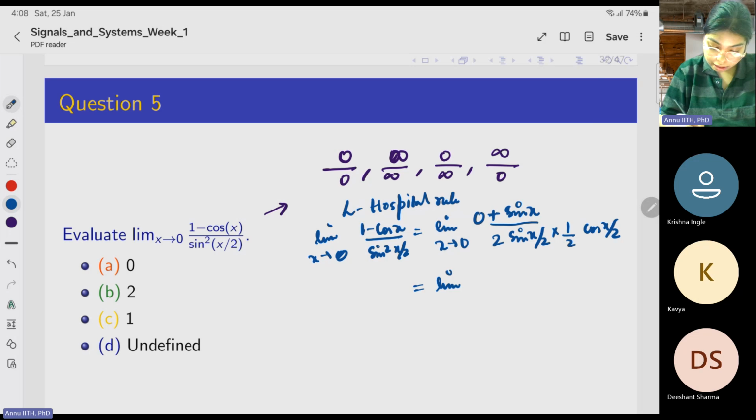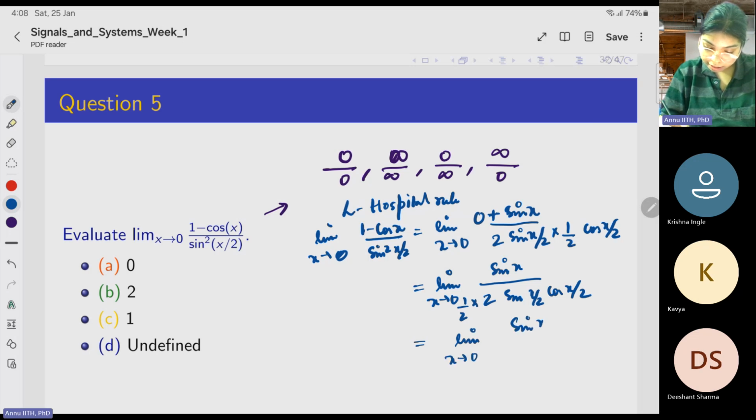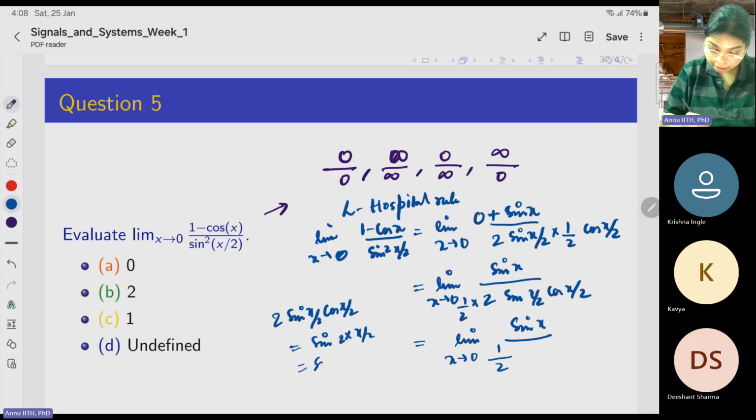So this is limit x tends to 0, sin x divided by 2 sine x by 2 cos x by 2, keeping 1 by 2 out. This is 2 sine x by 2 cos x by 2, which is sine 2 into x by 2, this is sine x. So sine x goes. Answer is 2.